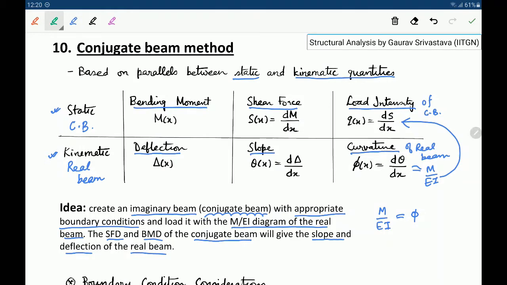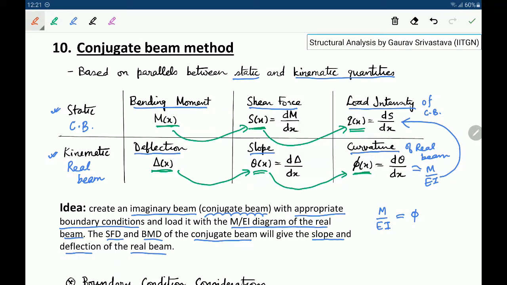For example, if we have deflection of the real beam, its derivative gives the slope, and the derivative of the slope gives the curvature. Similarly, if we have bending moment of the conjugate beam, its derivative gives the shear force, and the derivative of the shear force gives the load intensity. So that is the link between these two.